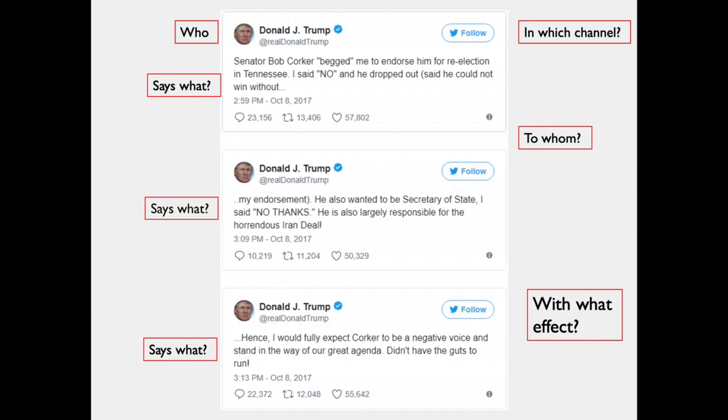As I said, it's from Twitter, and we can look at who is the person saying this. At the top there we've got Donald Trump, and we can also look at the fact that he has a blue tick there, or a blue circle with a white tick in it. And we've got a name, Donald J. Trump, but underneath we've also got the username, @realDonaldTrump, all as one word.